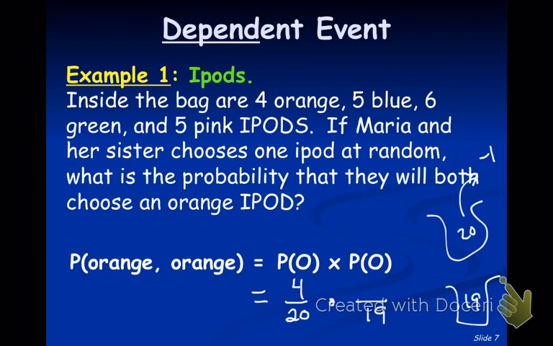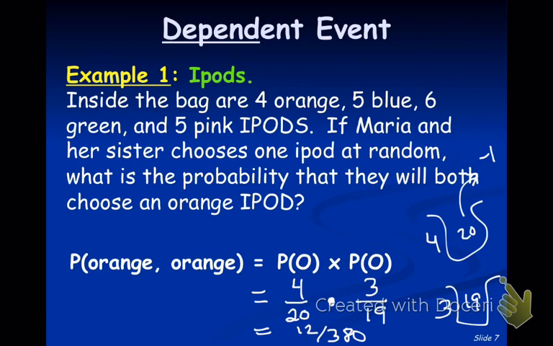And since we're looking for the probability that the orange one was taken out, there are no longer 4 orange ones in the bag. There are now 3 orange ones if Maria got the orange iPod. So then we're going to go with 3 here. It's going to be 4/20 times 3 over 19. And then we multiply that. That's going to be 12 divided by 20 times 19, and 20 times 19 is 380.